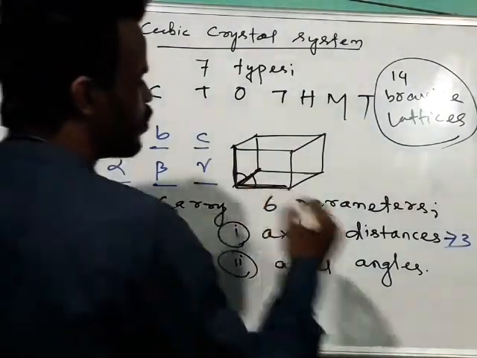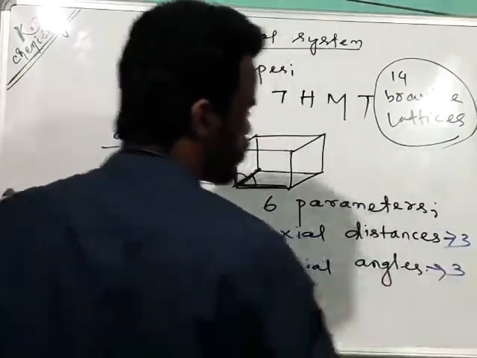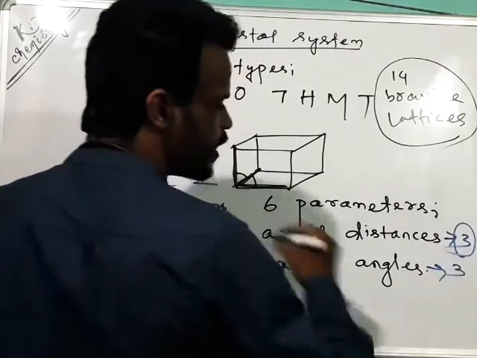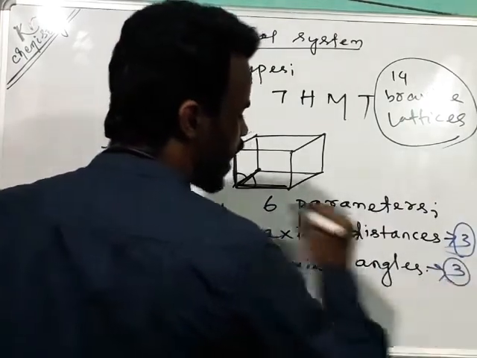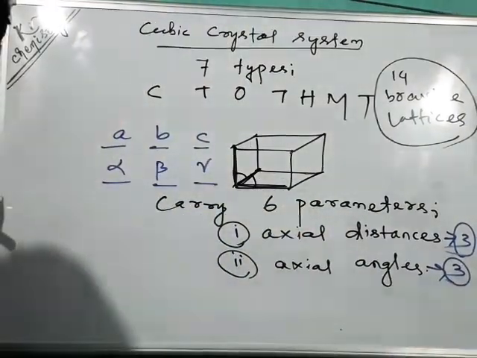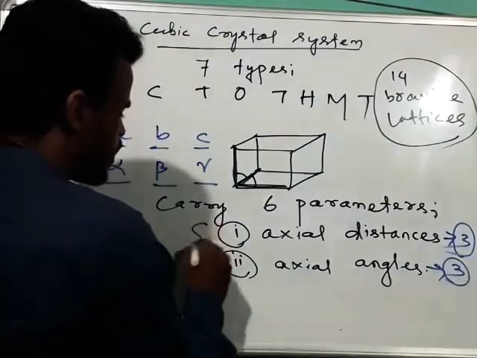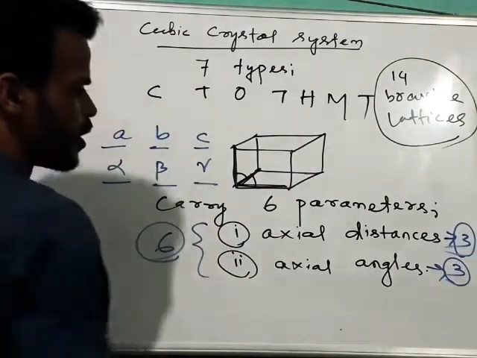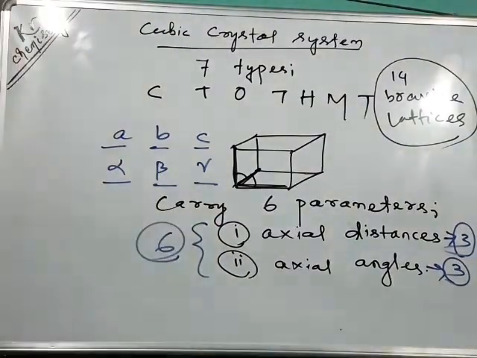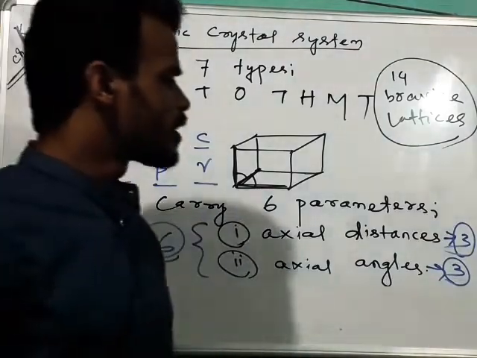So these 3 are axial distances and another 3 are axial angles. These are 6 parameters. I'll explain these 6 parameters in a slide.